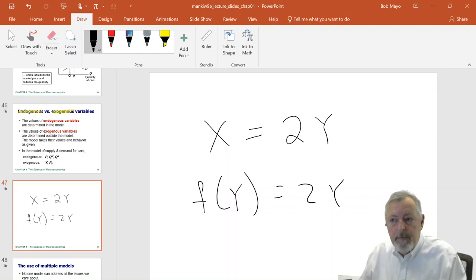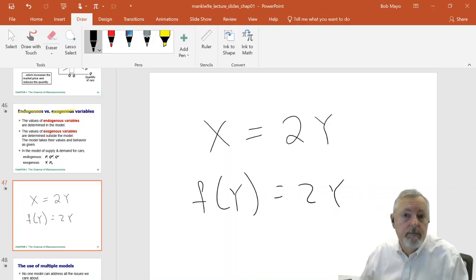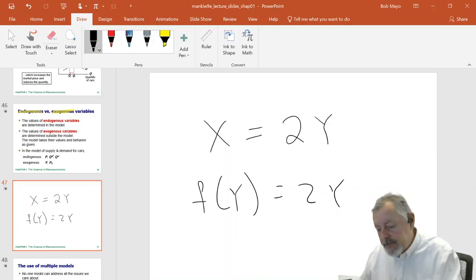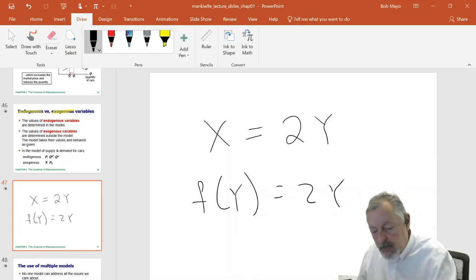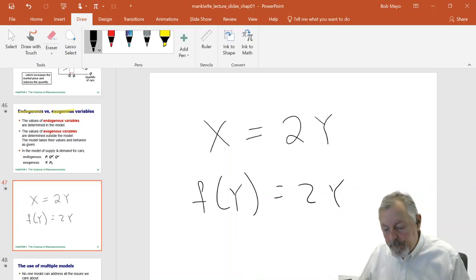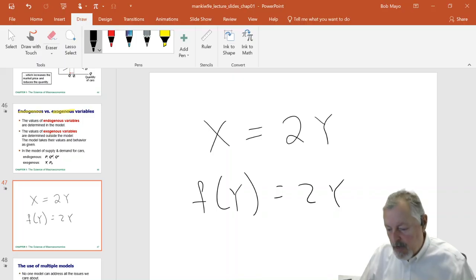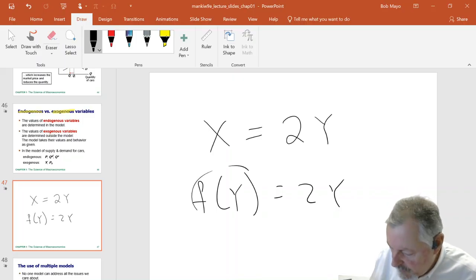You can pick any number you want for y and plug it in. You pick y. This equation does not tell you what y is. That's something you provide. The endogenous variable, the one determined from within the model, is on the left-hand side.